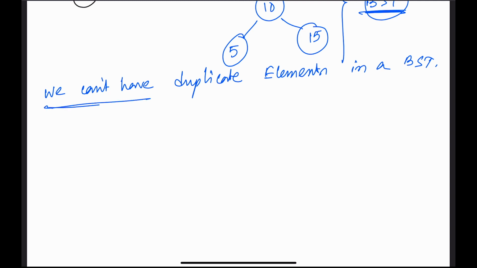At that time the code has to be changed, an updated one for those cases. For now, for all the operations, we are considering that we can't have duplicate elements, and accordingly we are heading on.